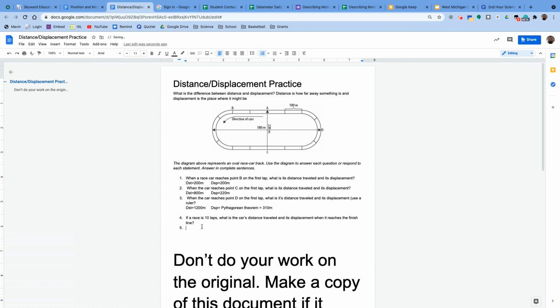And a lot of you actually put 1600, but it's actually 16,000 because you have to multiply that by 10 to get the final answer. Interestingly enough, even though you traveled 16,000 meters, your displacement is actually 0 meters because you end at the same place that you started, which is point A.